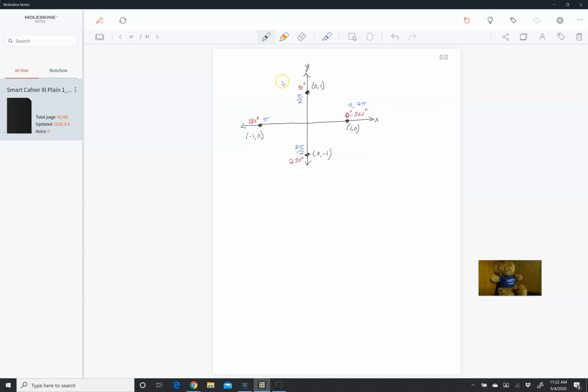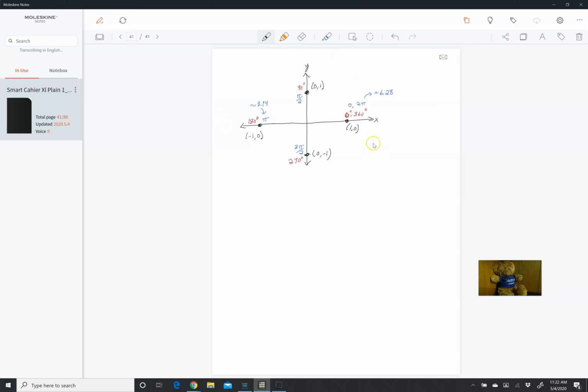Well, these are much smaller numbers. 2 pi as a number is 6.28. Pi as a number, in decimal form, is approximately 3.14. These are much tinier numbers. We could deal with these numbers. We're going now from 0 to 6.28 instead of from 0 to 360. That is much more reasonable.